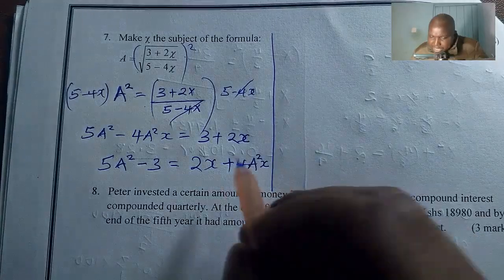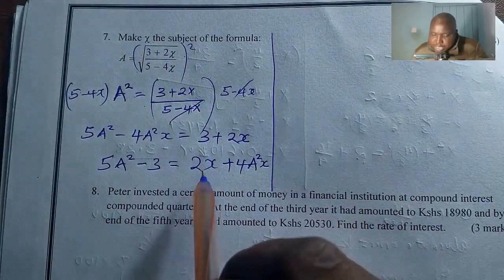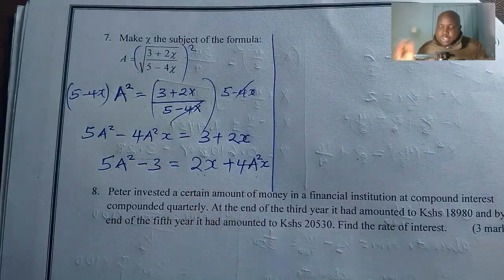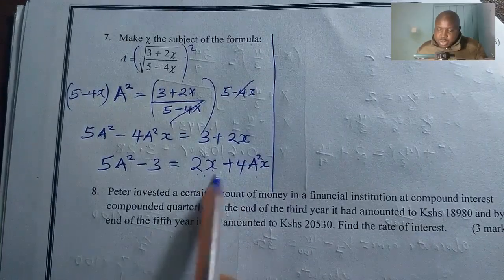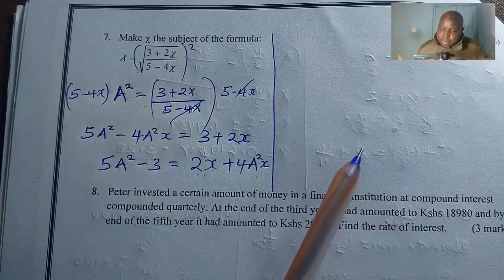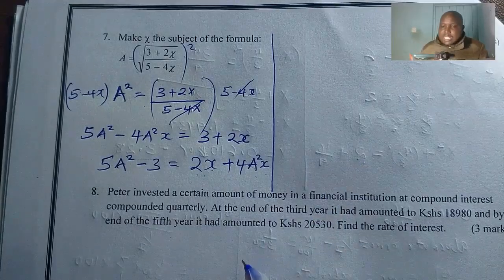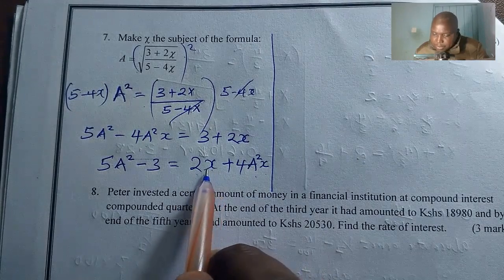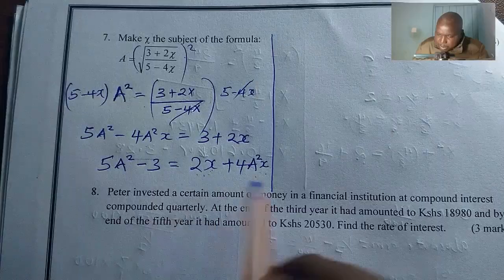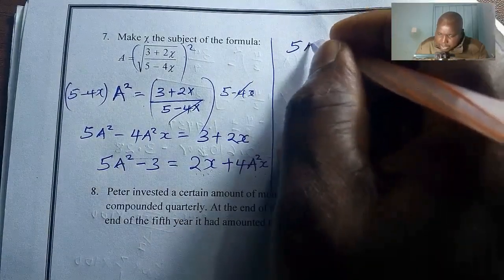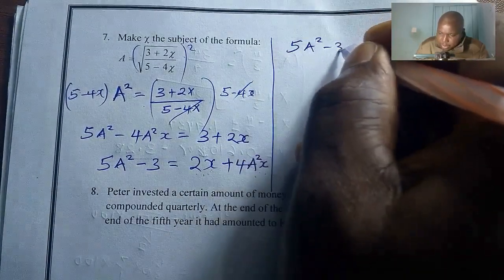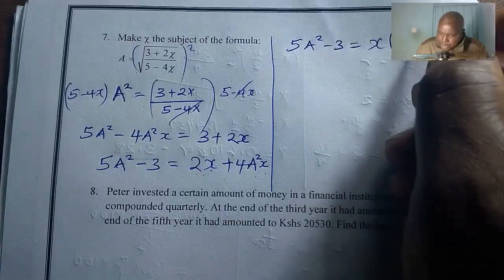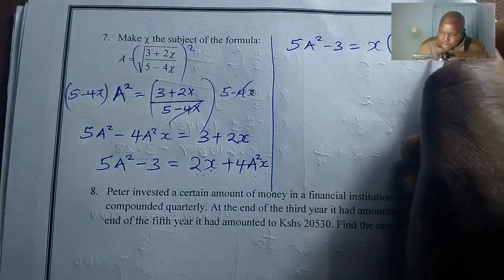Because we are making x the subject of the formula, you need to bring the terms with x together. The terms that contain x, you need to put them together so that you can solve it easily. The next step, x is the common factor here. 5a squared minus 3 is equal to x times 2 plus 4a squared.